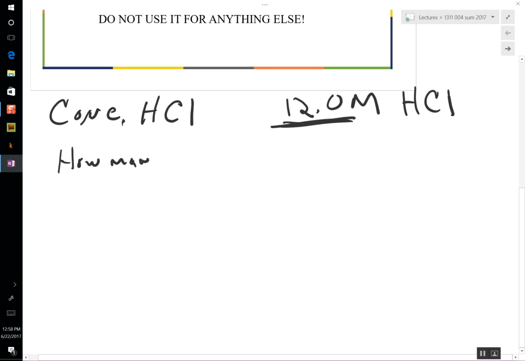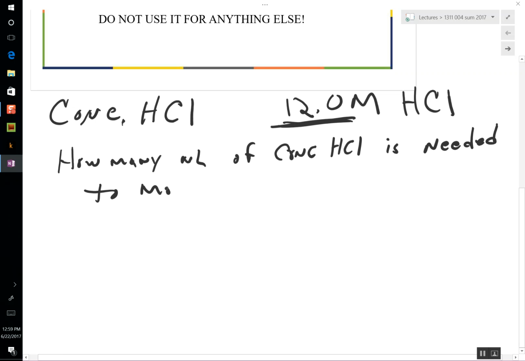How many milliliters of concentrated HCl are needed to make 500 milliliters of 3 molar HCl solution?